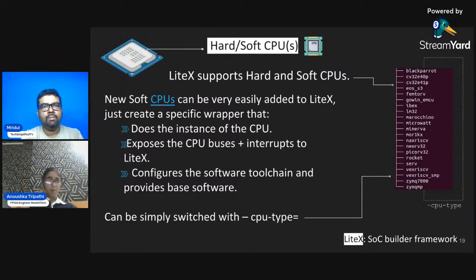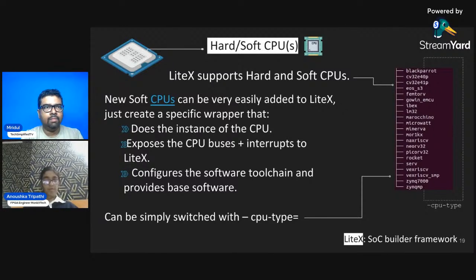And LiteX also provides hard and soft CPUs. So it has many CPUs like PicoRV32, VexRiscv, and you can also integrate any other CPU, because this is an open source tool.